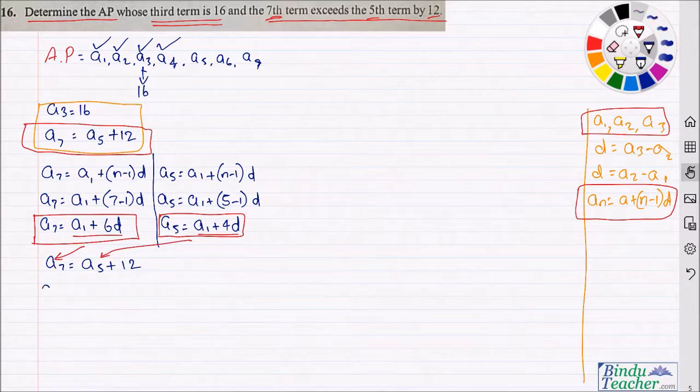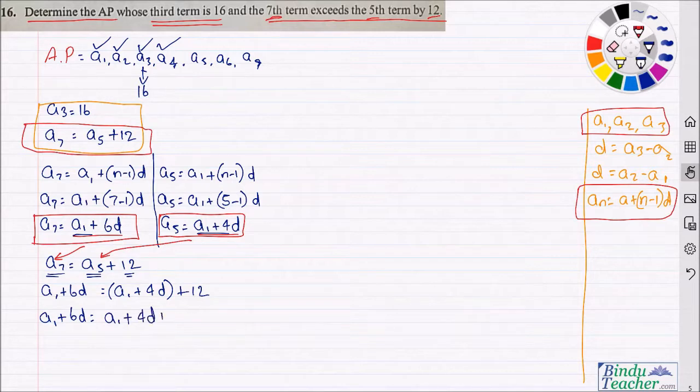So here I can write A1 plus 6D equals A1 plus 4D, and remember there is a 12 as well, so I'll write plus 12. Now what we have done is simply replaced the values of A7 and A5 with the values that we got in the previous step. Now let's simplify this further. A1 plus 6D equals A1 plus 4D plus 12.